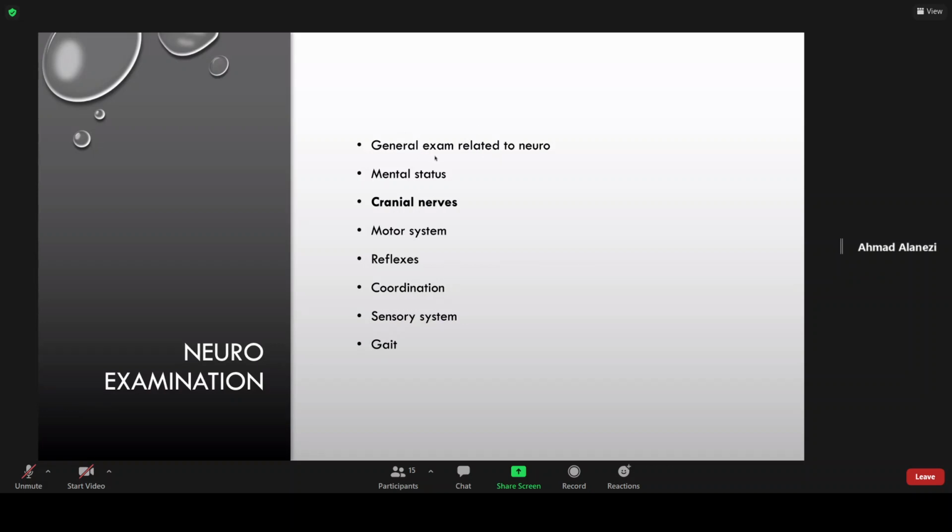Of course, you need to know his vital signs and growth parameters, dysmorphology, if there's any dysmorphic features, and don't forget skin examination. And also I would add two more things: abdominal examination for visceromegaly and spine examination. So those are the general examination related to neuro.